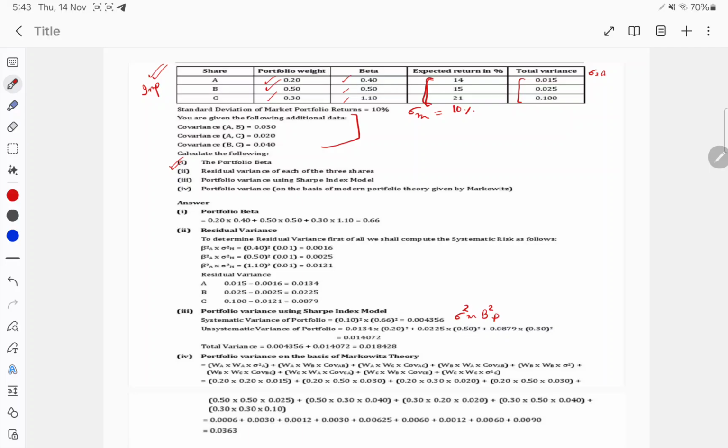So basically what will you do? To calculate portfolio beta, you will simply multiply the portfolio weights with the beta value of each stock and do the summation of the multiplications. Let me explain once again. The portfolio weight of share A was given 0.20.